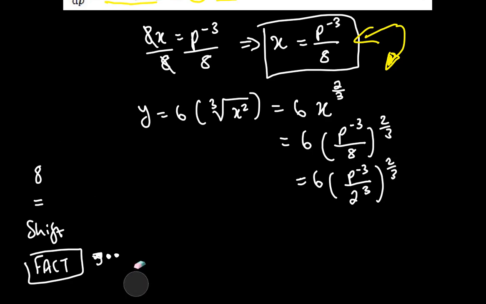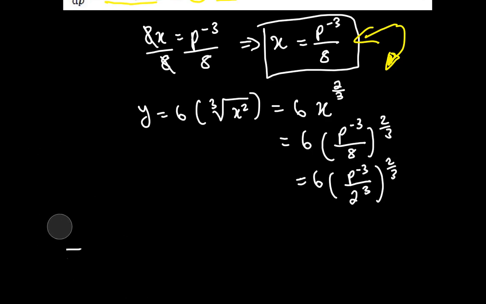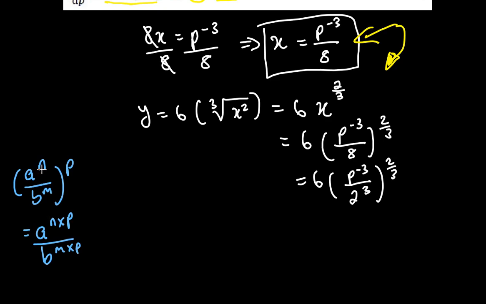Now that we know that, we can apply the laws of exponents. Remember, calculus is all about application of algebra, so we do not forget our laws. We know that if I have a to the power n all over b to the power m, all raised to p, I get a to the power of n times p all over b to the power of m times p, meaning these exponents multiply each other.